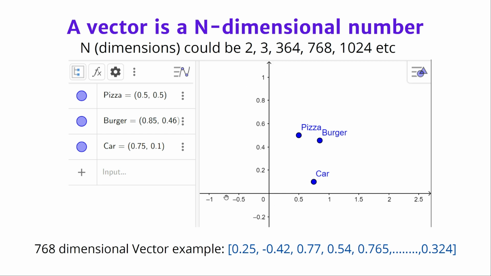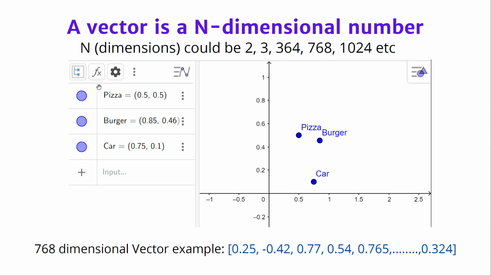So if you take a 2D grid like this, here I have 3 texts with their corresponding vectors, and pizza is just a 2-dimensional number. So here a vector is just 2-dimensional, 0.5 and 0.5, and burger is 0.85 and 0.96, as you can see, and car is 0.75 and 0.1.